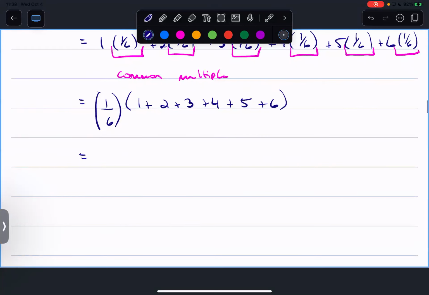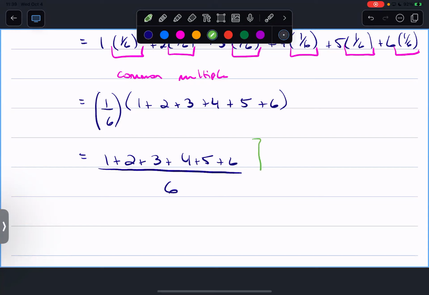Whoo! 1 plus 2 plus 3 plus 4 plus 5 plus 6 divided by 6. Back to where we started. But Emily, why would you waste my time with that? To show you that you already know it. You already know how to do this.